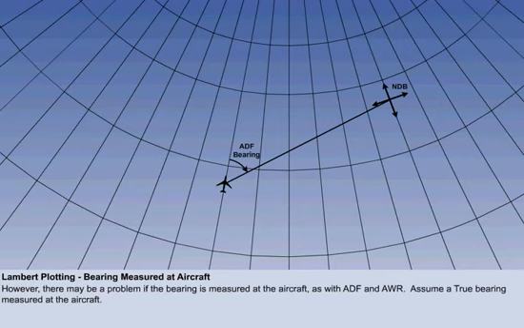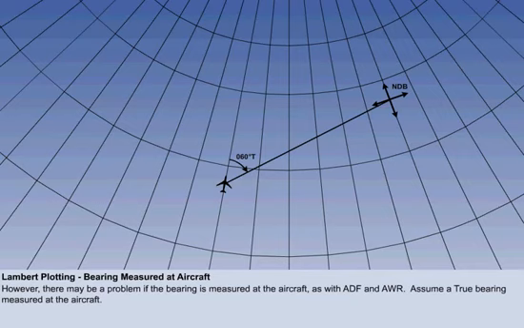The bearing is measured at the aircraft. Let's, at this stage, forget about problems of magnetic variation and relative bearing. Assume that we have made any corrections required and are now dealing with a true bearing from aircraft to ground station. This will have been measured at the aircraft position using the local direction of true north, that is to say, directly up the meridian which the aircraft is on.